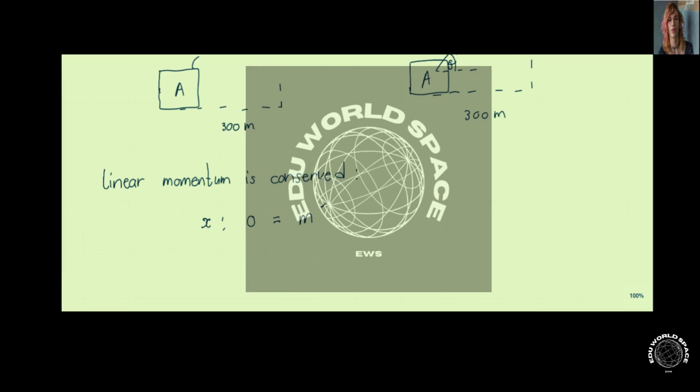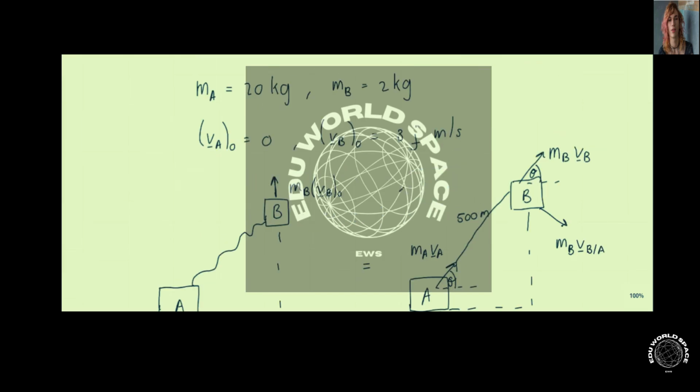But the x components afterwards is mA vA times the cosine of theta, plus mB vA again times the cosine of theta, and we have to remember that vA and vB are the same.